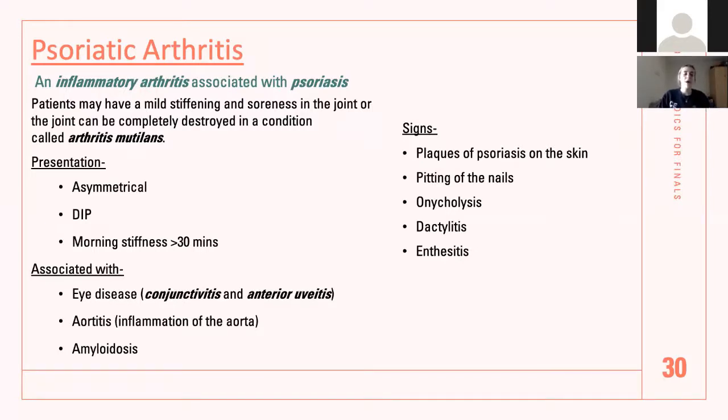It can be mild joint pain over the elbows and the knees, to a completely destroyed joint, and that is arthritis mutilans. It normally presents asymmetrically, most commonly in the DIP joints, and the morning stiffness normally lasts over 30 minutes.